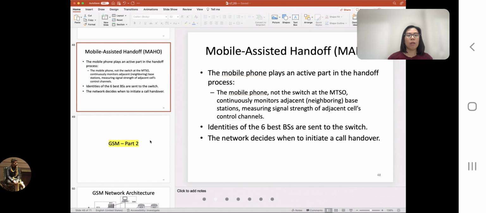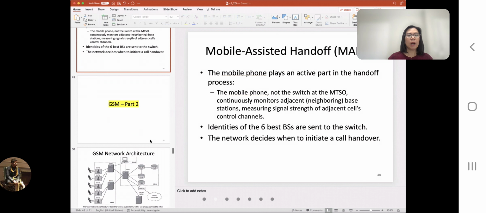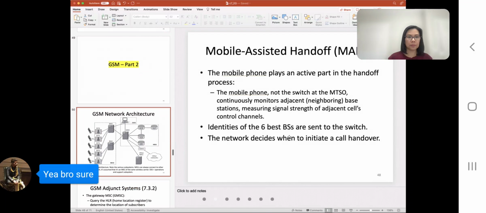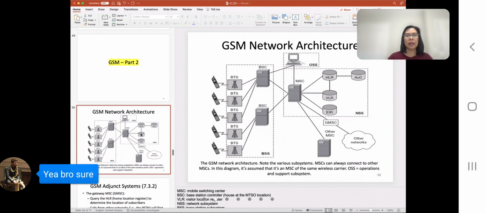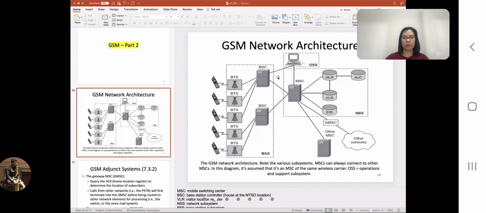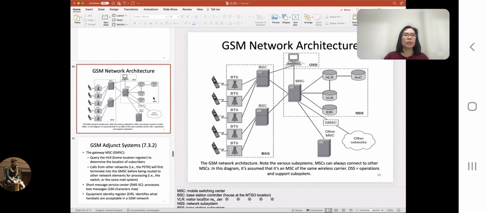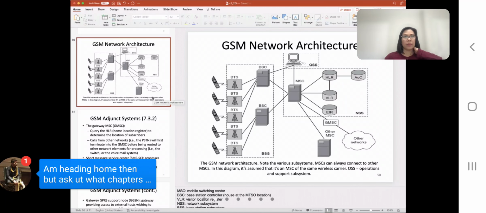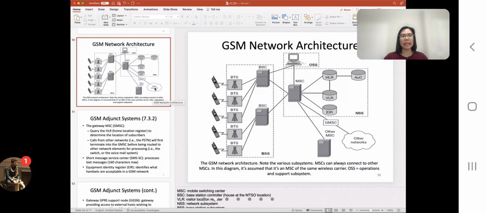Okay. All right. So now, so far, we've been talking about the architecture of GSM, but we only talk about the voice component of GSM networks. Okay, so now we move to the second part of GSM network, which is how it handles data, right?